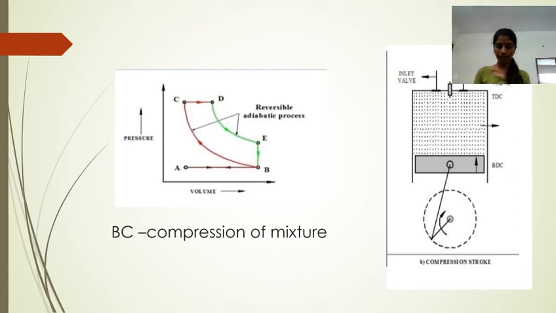A diesel cycle consists of one constant pressure, one constant volume and two isentropic processes. This is the graph plotted between volume and pressure. In it, the line from B to C is known as the compression of the mixture. And in the compression stroke, you can see the inlet valve, exhaust valve, TDC and the BDC.